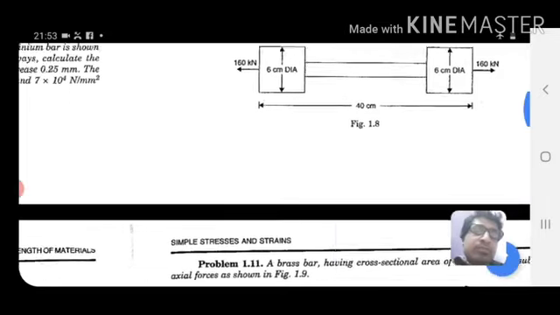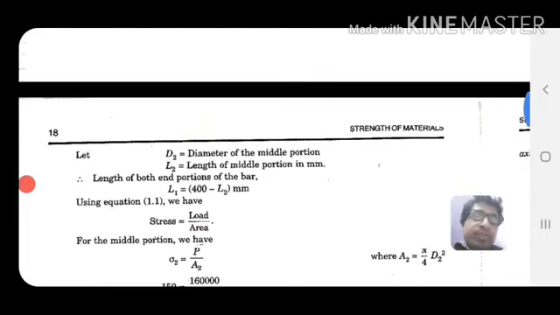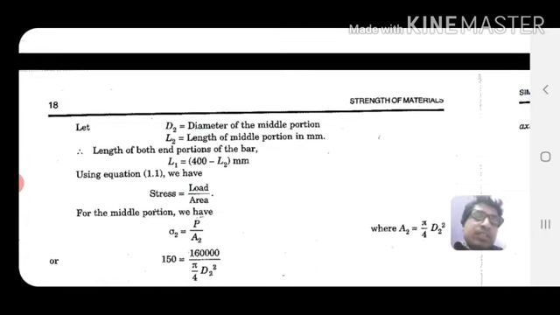Now D2 is the diameter of the middle portion, and L2 is the length of the middle portion. Length of both end portion of the bar L1 is equal to 400 minus L2 millimeter.